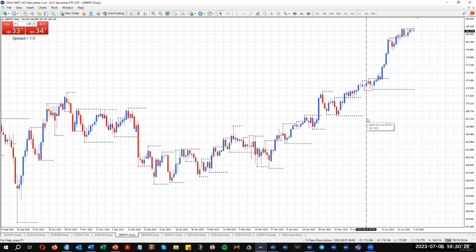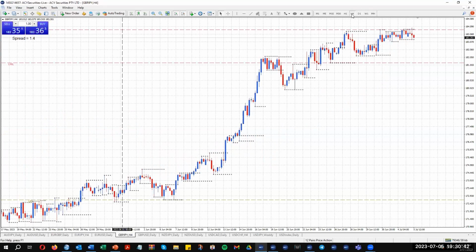I've been saying that. And I always find it difficult to get into something that's way, way overextended. It's moved more than beyond normal moves. But if you're prepared to trade something that is moving like that and you're not in yet, then you just have to look to the 4-hour chart and look for pullbacks on the 4-hour chart.